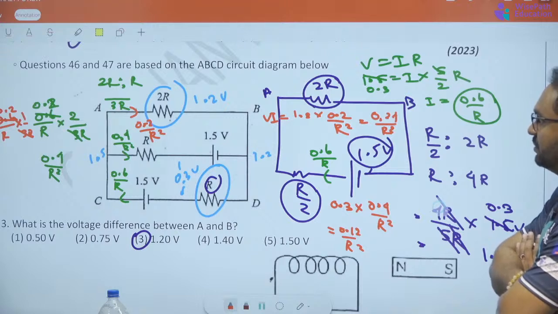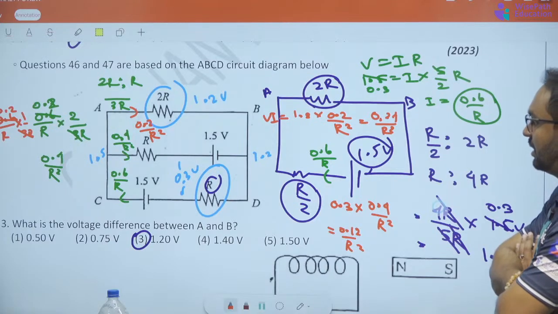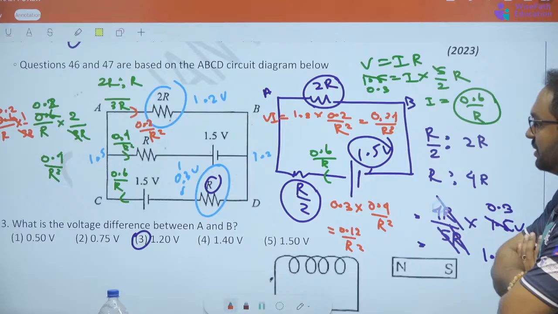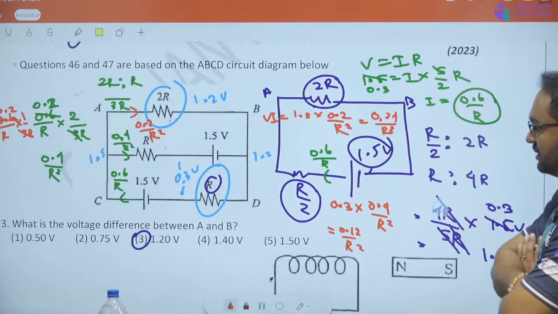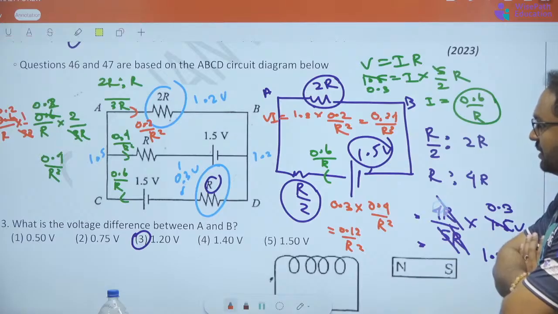So 1.2 square divided by 2R, and the resistance of the CD resistor is R, and the voltage is 0.3. So 0.3 square divided by R, V square over R, will give you the same ratio.